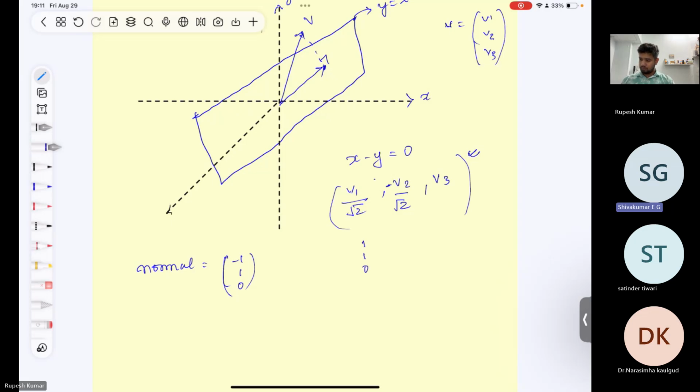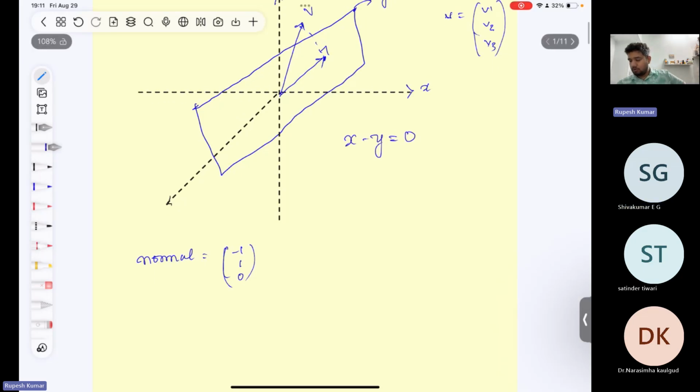Is it 45 degree? No, no. That depends purely on v, right? Let's solve this first. Maybe I'm wrong.